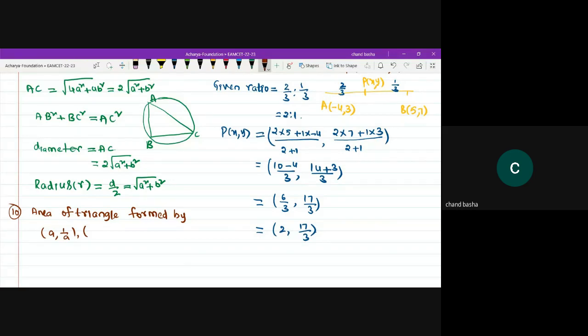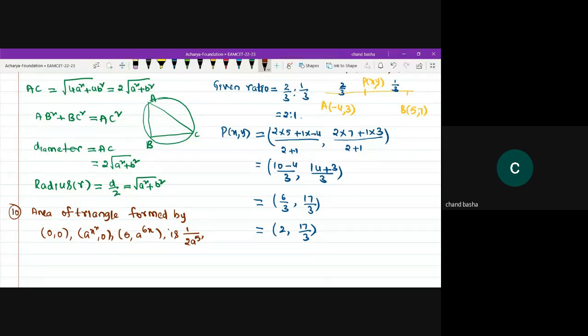One vertex is 0, comma 0. Another vertex is a power x square, comma 0. And the vertex 3 will be 0, comma a power 6x. The area is 1 by 2 a power 5 square units.